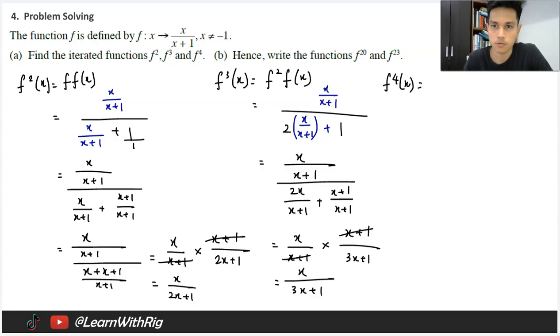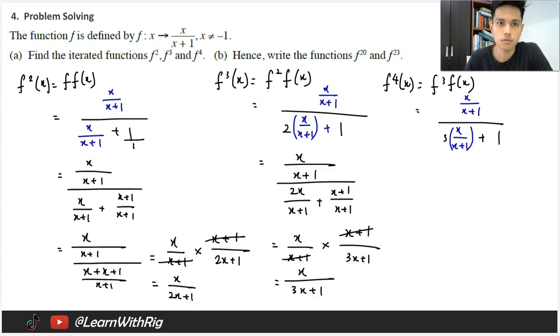Okay, lastly, they ask about f4. So f4 is equal to f3 and f(x). Okay, so f(x) is equal to x over 3x plus 1. So what is the x value? Well, the x value is actually the f(x) value, x over x plus 1. So how do you solve this?